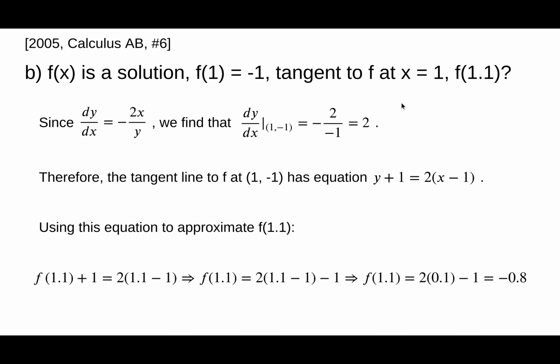When we do the algebra, f of 1.1 is equal to 2 times 1.1 minus 1, which is 2 times 1/10 minus 1, which is 0.2 minus 1, which is negative 0.8. So f of 1.1 would be approximately negative 0.8 using this tangent line approximation.